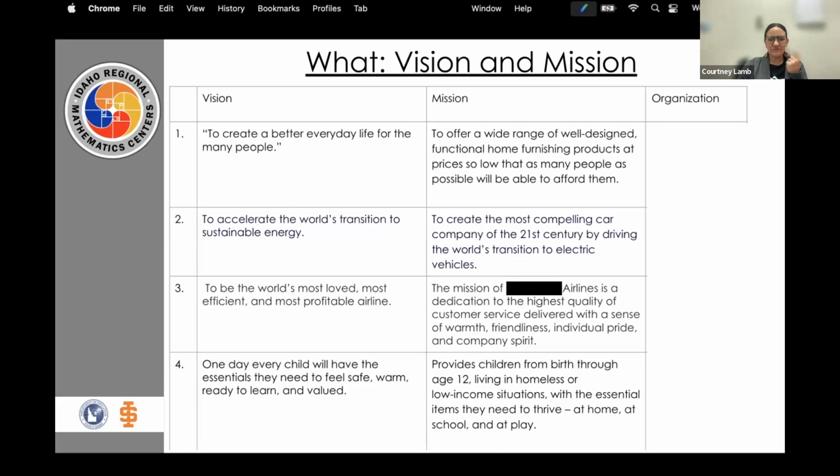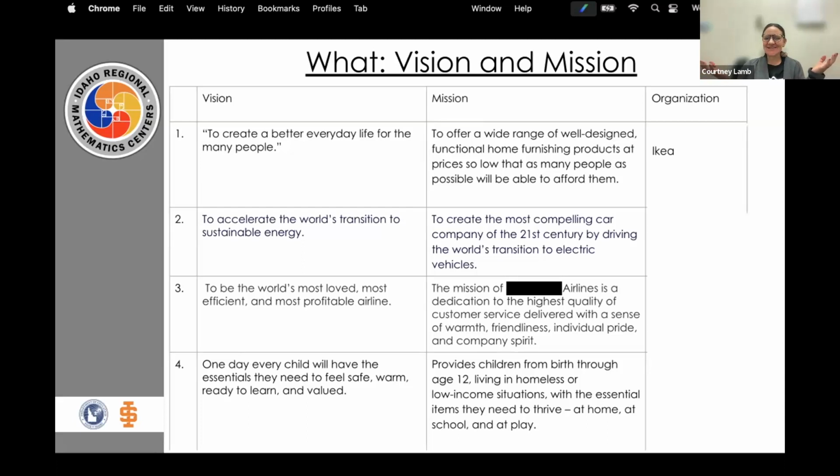And their mission is to offer a wide range of well-designed functional home furnishing products at prices so low that as many people as possible will be able to afford them. So does anyone have a guess of what organization this might be? IKEA. Walmart. IKEA. Yeah, okay, you're right. It's IKEA, right?